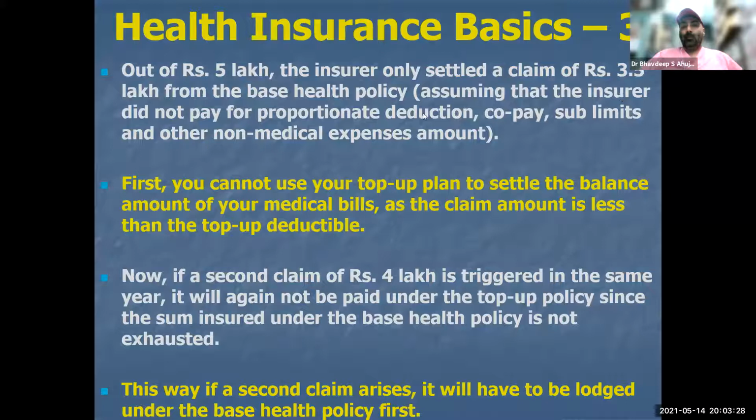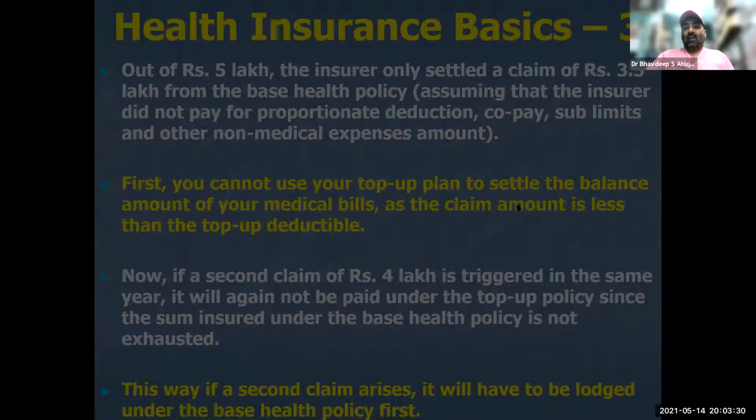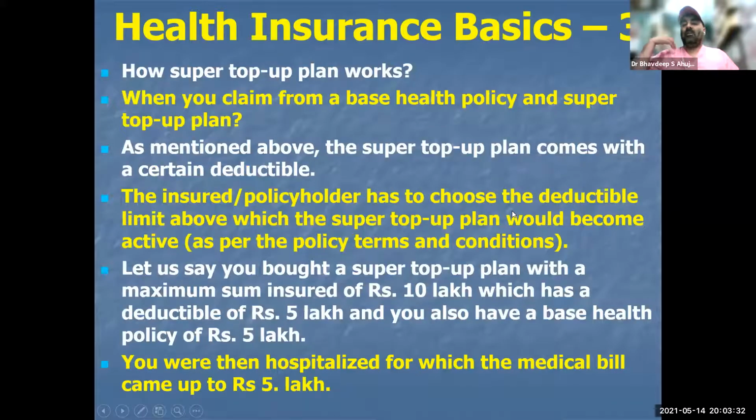So how does a super top-up work in such a scenario? Same, over and above the deductible limit the super top-up will come into action. If you have the same scenario, a 5 lakh base policy, 5 lakh deductible, and a super top-up of 10 lakh, and you are hospitalized for 5 lakh, same scenario, your insurer granted you a claim of 3.5 out of 5.